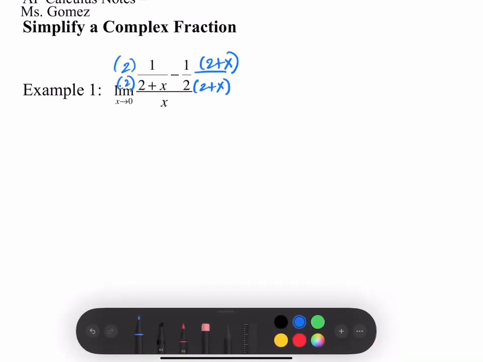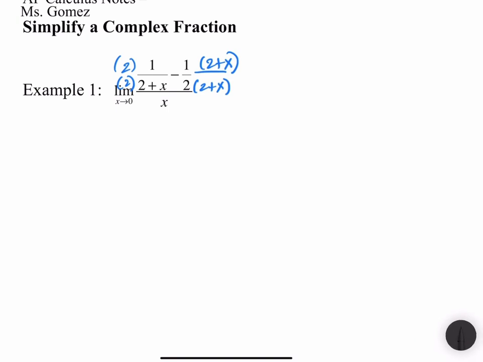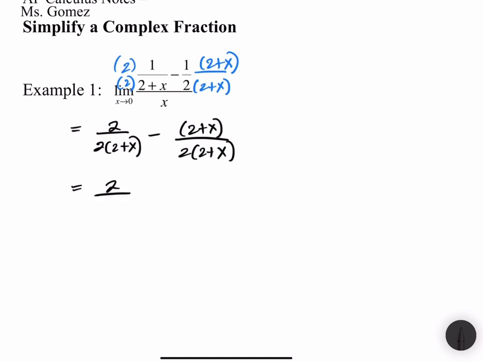And in doing so, I'm going to look a little bit like 2 over 2 plus x, and after a little bit of simplification, I can see that I get the same denominator, and so I can combine those denominators.